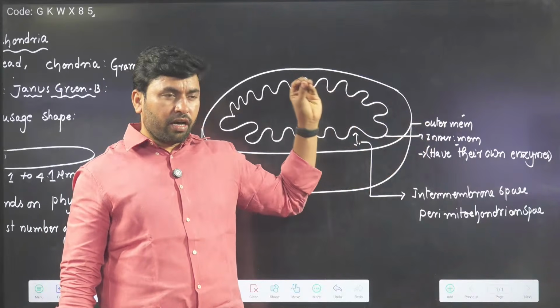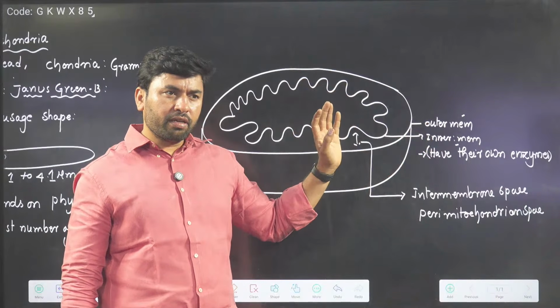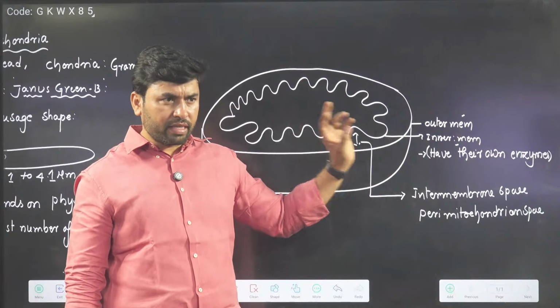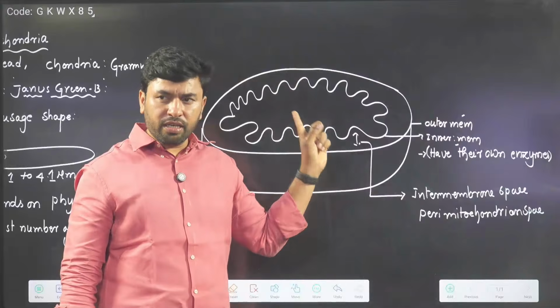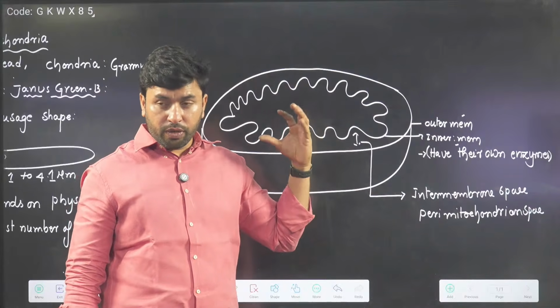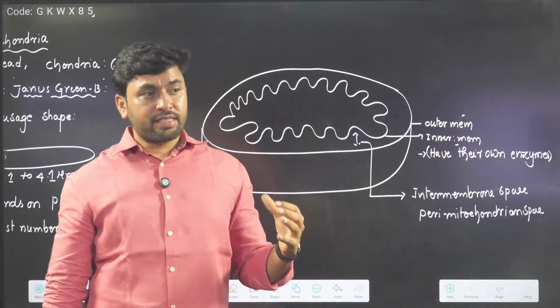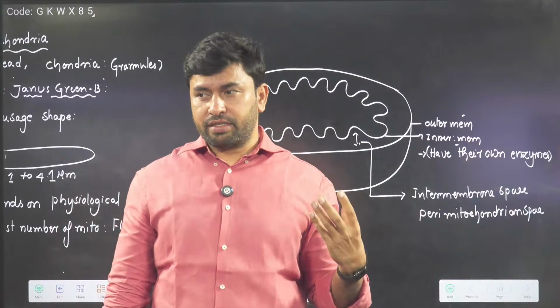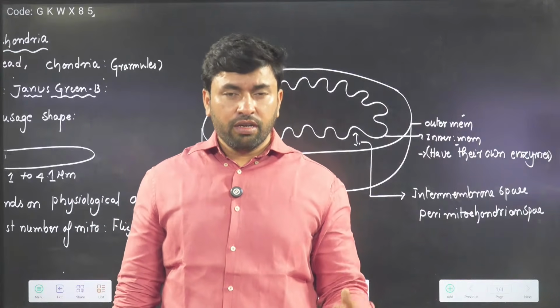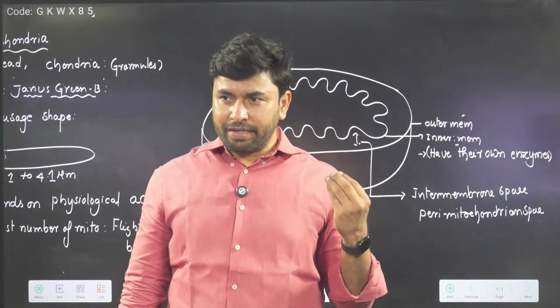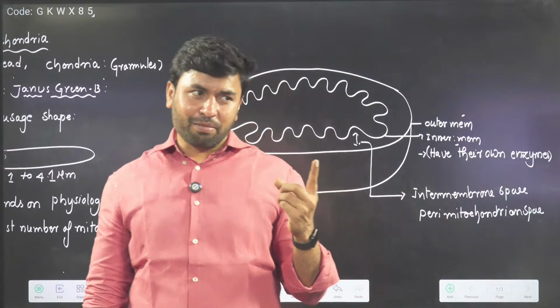The enzymes present in the outer membrane you would not see in the inner membrane. There is an enzyme called succinate dehydrogenase, which you might have come across while studying respiration in plants, in the Krebs cycle.